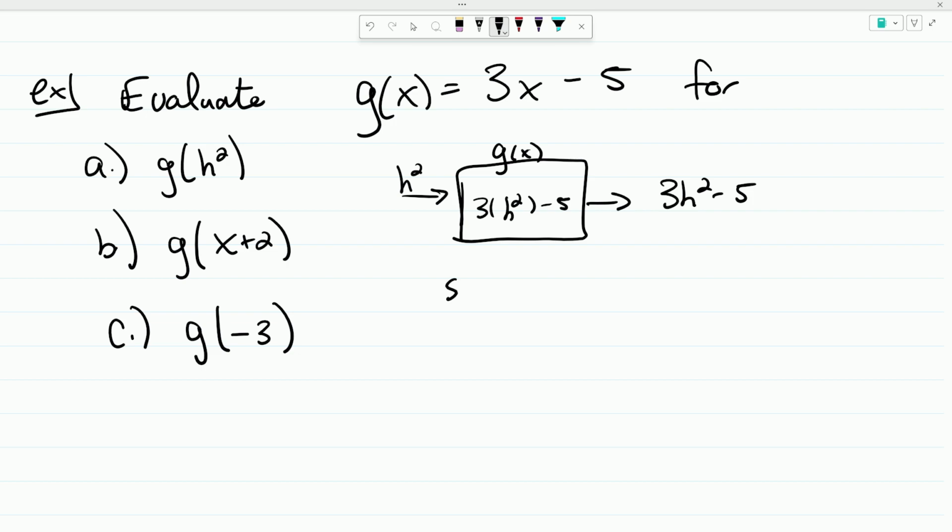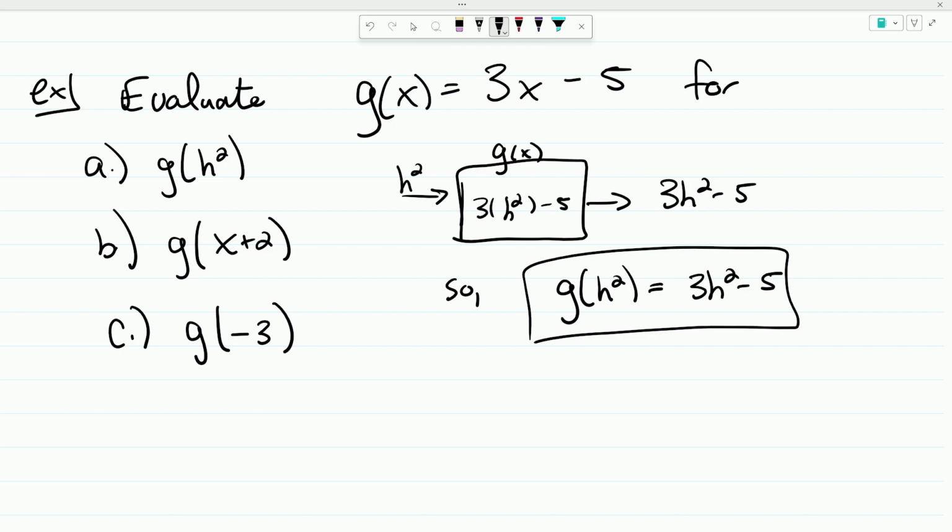So g of h to the second is equal to 3h to the second minus 5. All right, so that's part A. Now, the other way you could have done this is the way that books show it, and I think the book takes for granted that you completely understand all the notation.